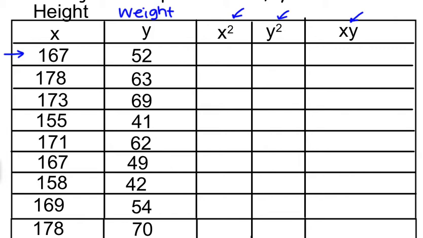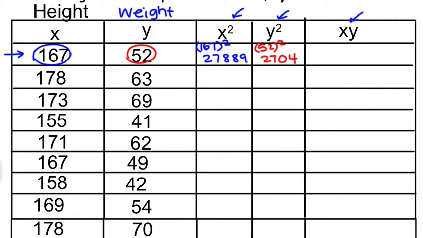Okay, hopefully you've got and written down that information. So the first column that we're going to calculate is x squared. So imagine taking 167 and squaring it. When you square it, you get a pretty big number, 27,889. So then you're going to take y and square it. So 52 squared, and you get 2704.